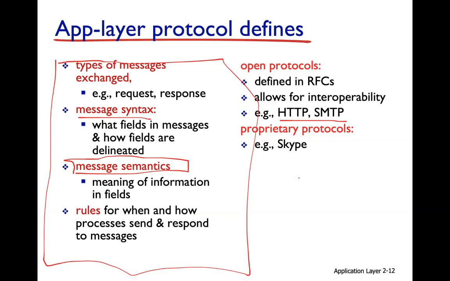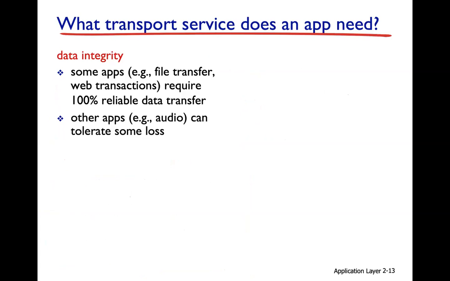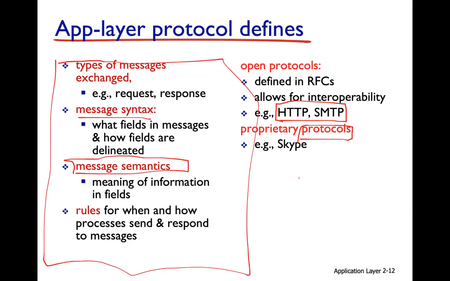These protocols are already open to the public, as RFCs. So everyone should follow this, otherwise you cannot communicate with others. But we still have some private protocols held by companies. Skype, for example, is not a common protocol. And this is what the application layer protocol needs to define.